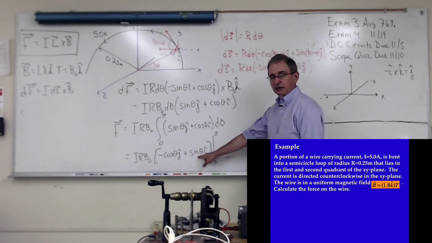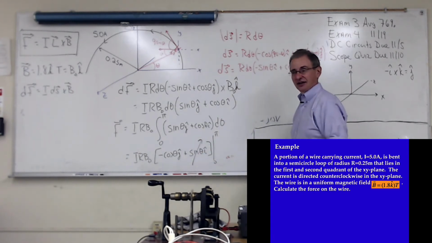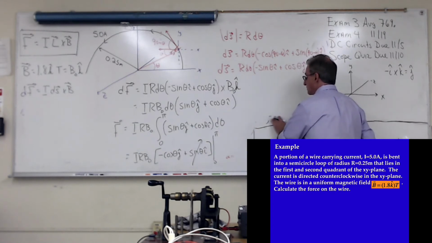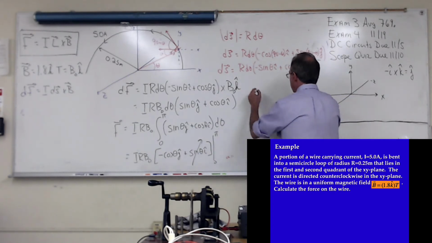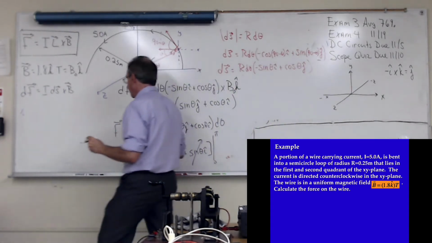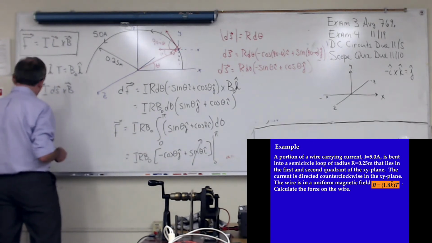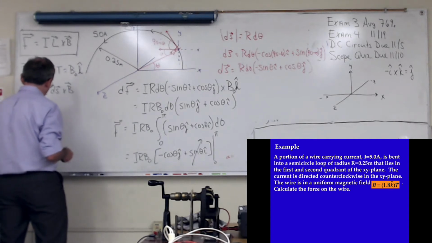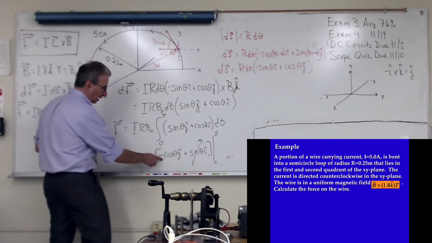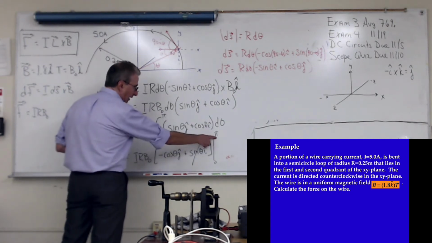What is sine of pi? 0? What's sine of 0? 0? Okay, so we don't care about this guy, right? That one's gone. All right, so what am I left with? Let me come over here, sorry. We're left with the force is I, R, B naught. And let's put the limits here. Minus the cosine of pi is 1, right?